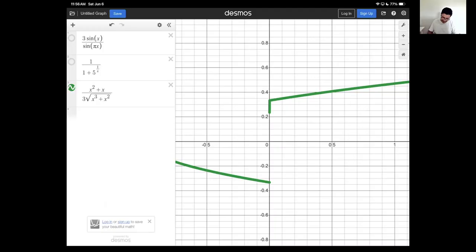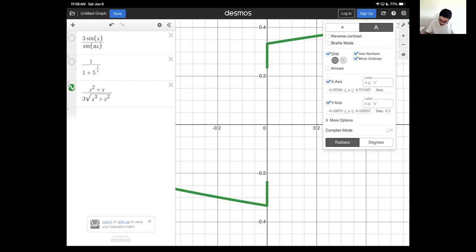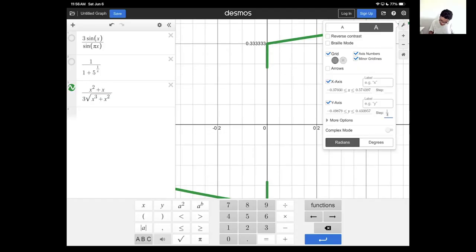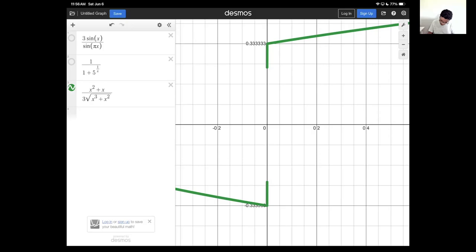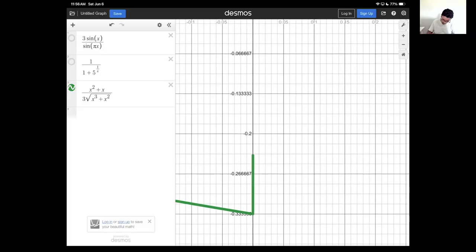This is what I had used the scale earlier for. Let me change the step size on y-axis. On y-axis, I'm choosing the step size to be 1 over 3.